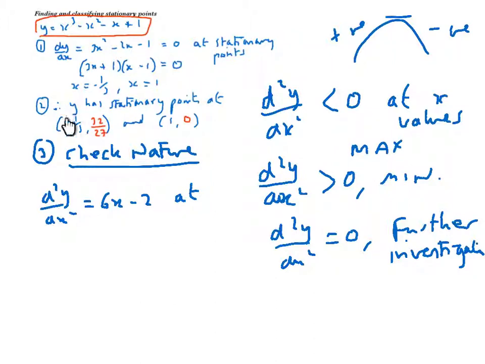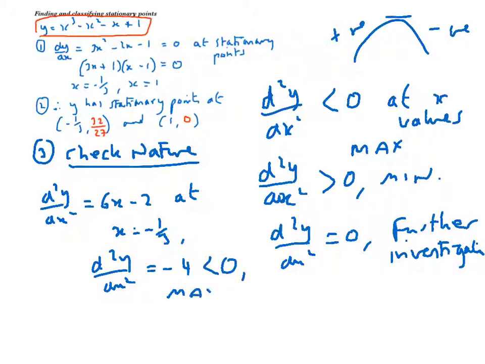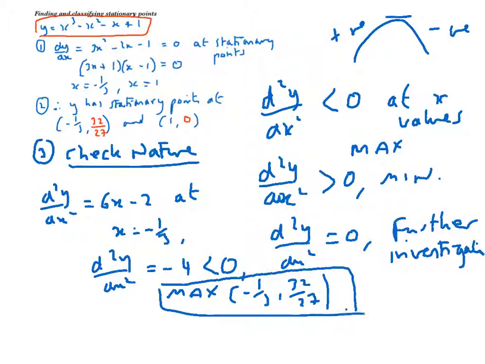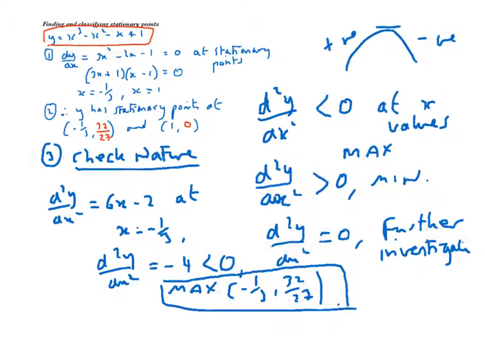At, let's pick the first x value, at x equals minus a third, my d2y over dx squared would equal minus 4, which of course is less than 0, so it must give me a maximum at my stationary point, minus a third, and 32 over 27. Okay, so maybe put a box around that. There you go, you've classified your first stationary point.